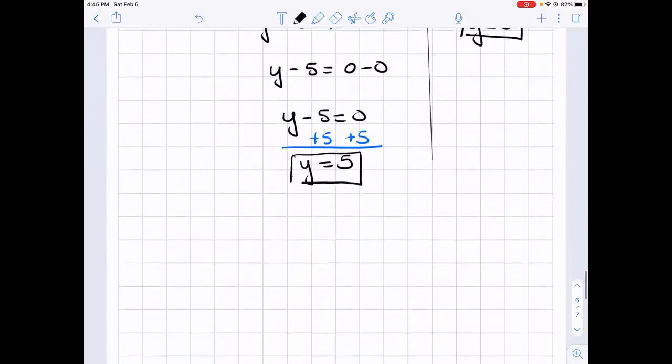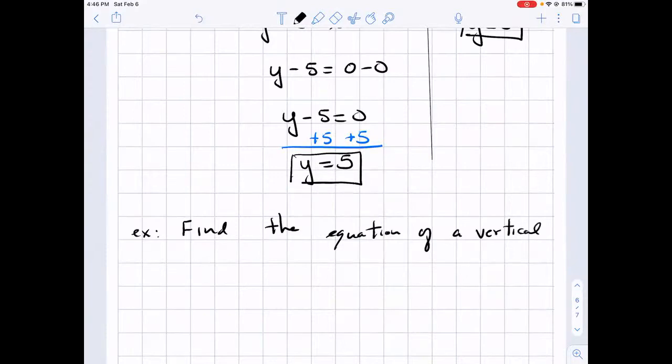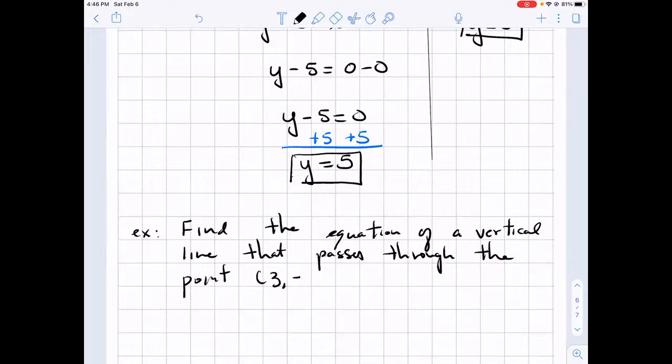Similarly, if I said find the equation of a vertical line that passes through point 3, minus 4.